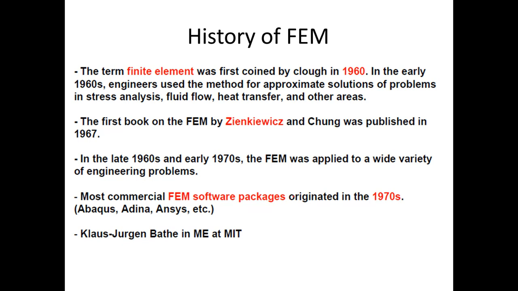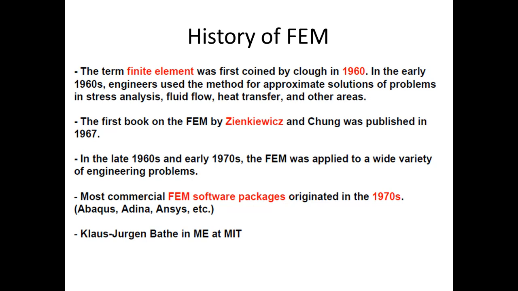Now what is the history? The term finite element was first coined by Clough in 1960. In the early 1960s, engineers used the method for approximate solutions of problems in stress analysis, fluid flow, heat transfer and other areas.